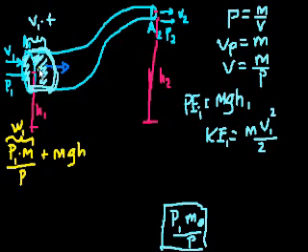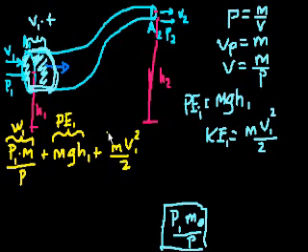You can almost think of the center of mass. How high is the center of mass above the surface of the planet? Since we have a g here, we assume we're on Earth. So this is h1, because the height actually changes. So this is potential energy input plus the kinetic energy, mv1 squared over 2. So that is the kinetic energy input, right?